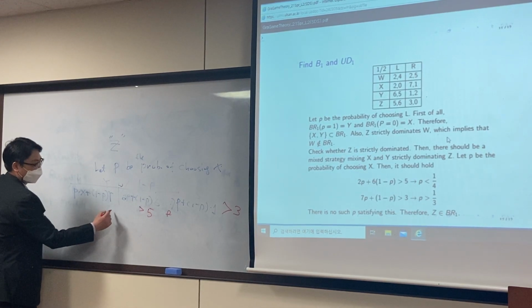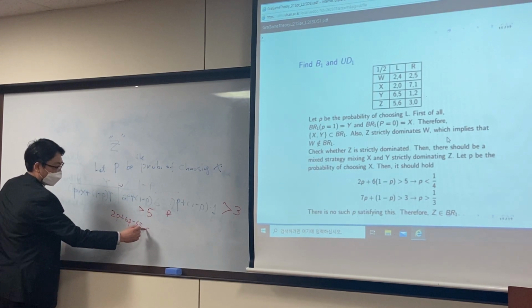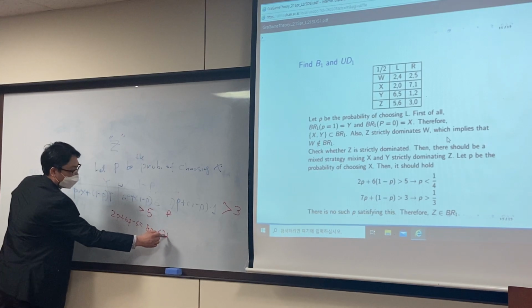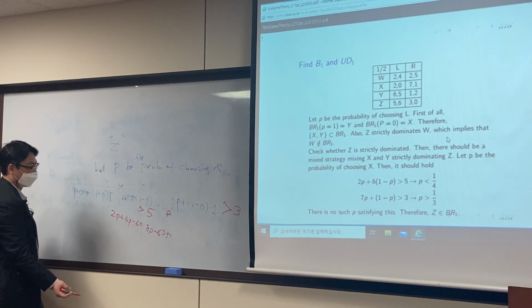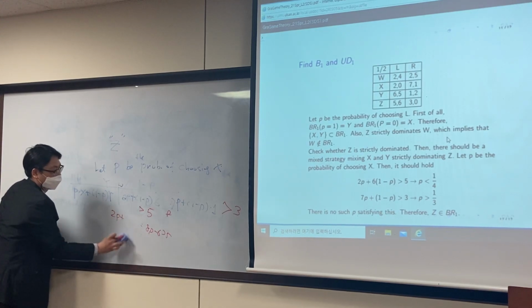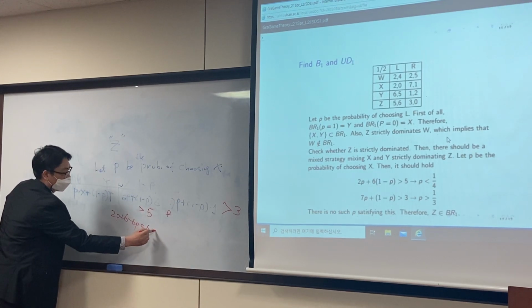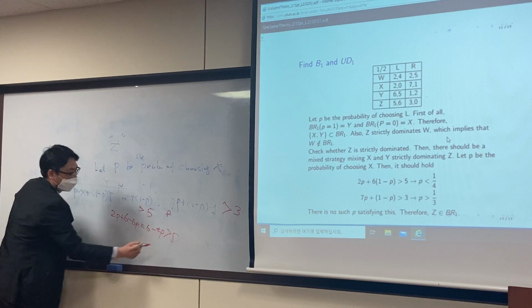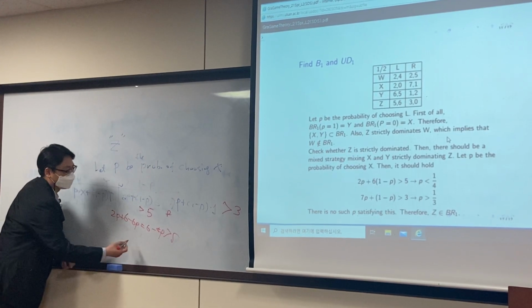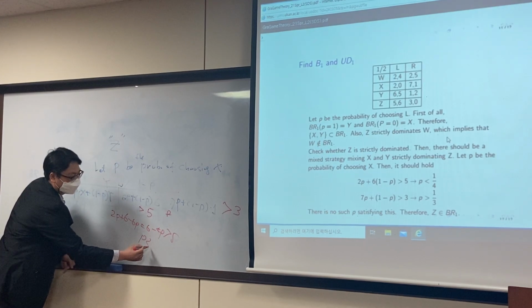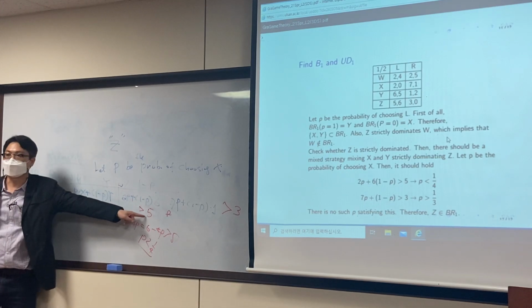If I'm doing this, 2P plus 6 minus 6P, which is 6 minus 4P, should be greater than 5. Just the algebra: P is less than 1/4 in this inequality.